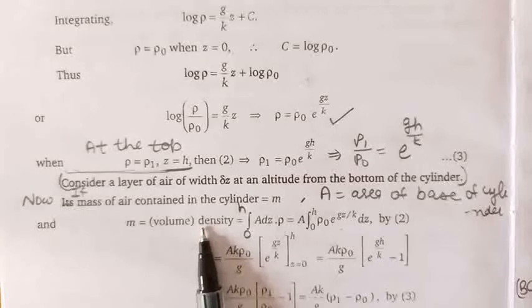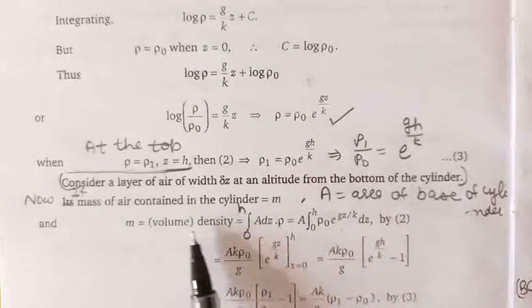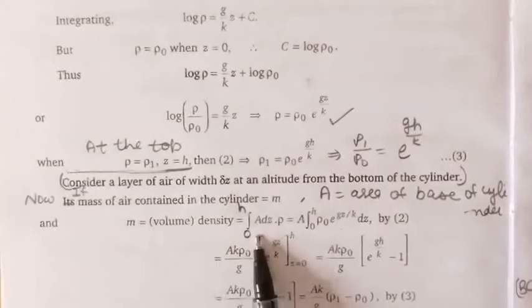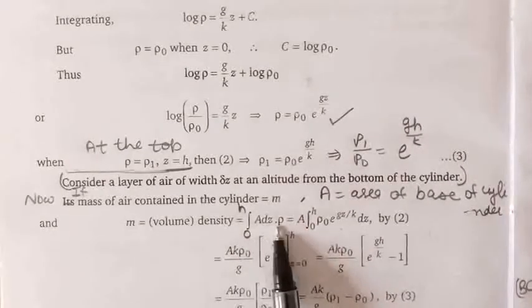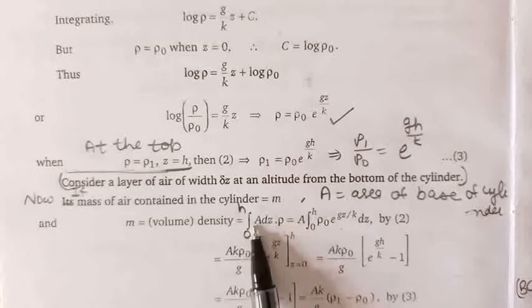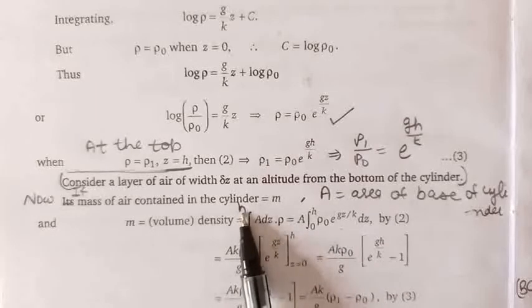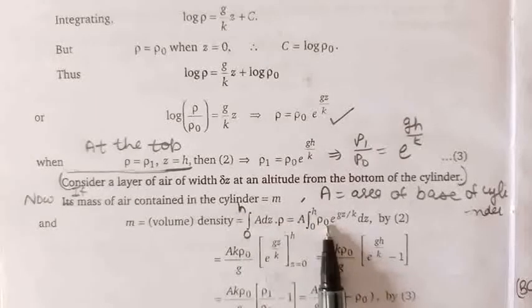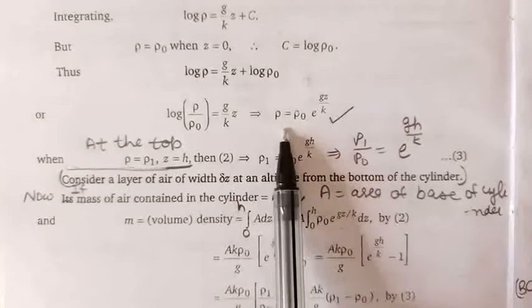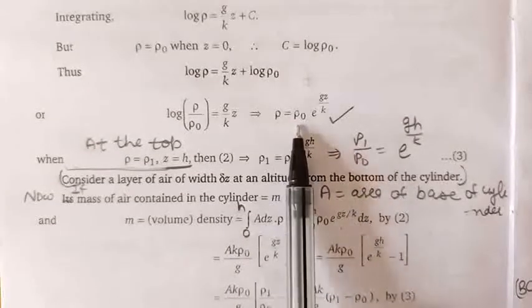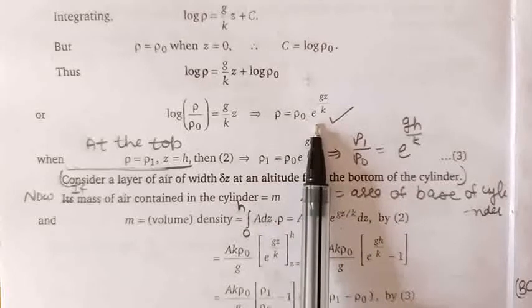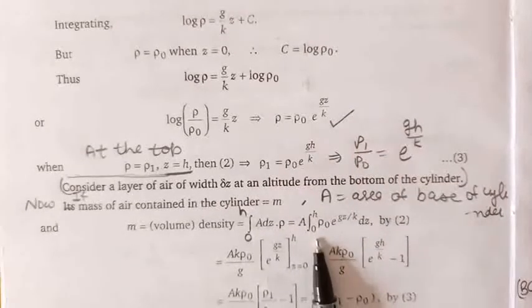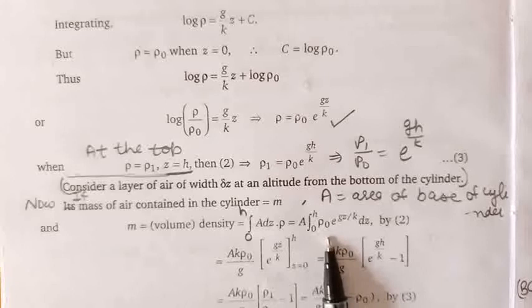So we have the formula for mass, which is given by integral A dz into rho, and its integration from 0 to h. Putting the value of rho here, rho is rho naught into e raised to the power gz by k. So putting the value of density here and taking the constant terms outside of the integral.